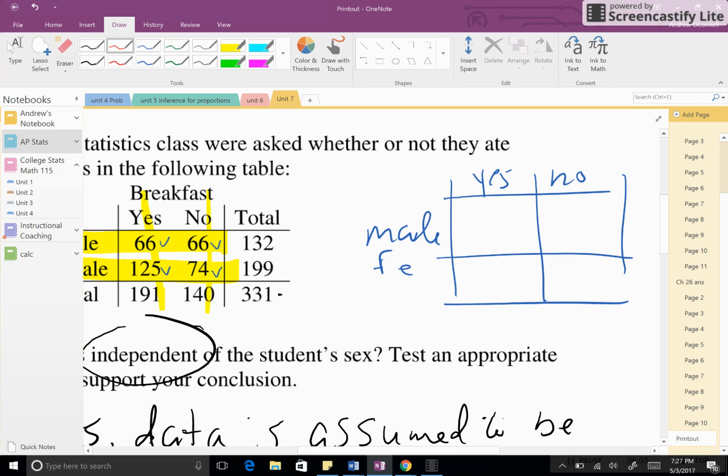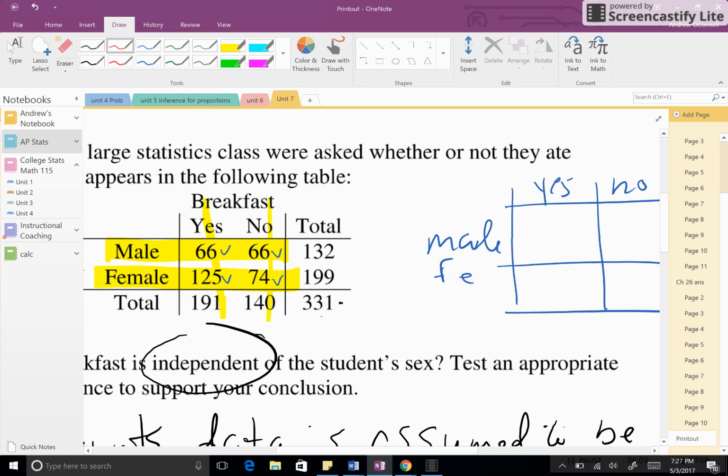We saw a 50-50 split, but males are not 50% of the people surveyed. Males were only 132 out of 331, which is about 39.9%. I'll round and use 39.9. Females were 199 out of 331, which is about 60.1%.